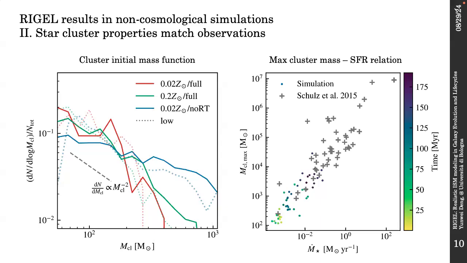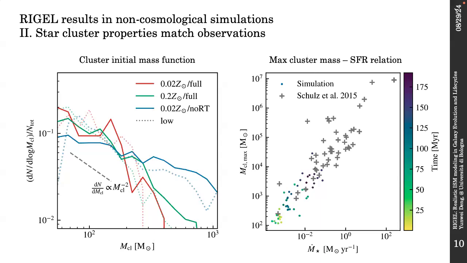So in the quiescent period of dwarf galaxies, massive star clusters cannot be formed. But if your galaxy formation model just samples the cluster mass from the cluster mass function, you may stochastically get some massive star clusters during the quiescent phase of your galaxy.